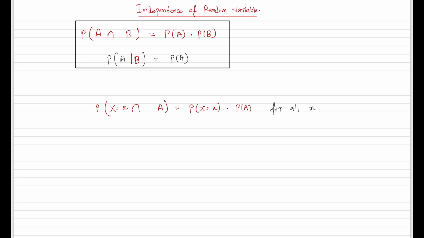The intuitive definition for this case: let's say we are given this event A, and under the condition that event A has occurred, if I have to find the probability that random variable X takes on a specific value, this probability will be the same as the probability that the random variable takes a specific value little x.